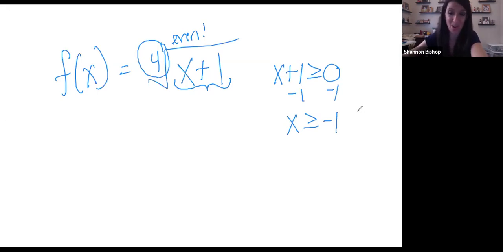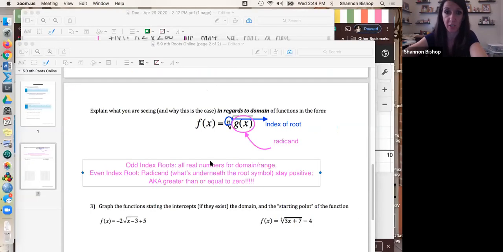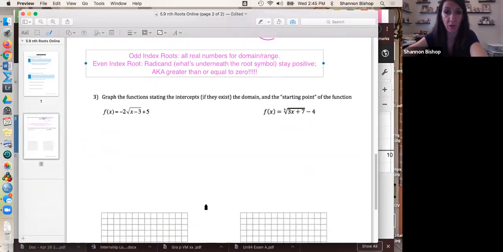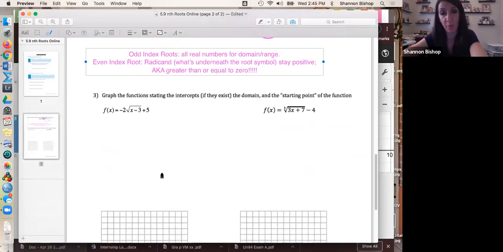Okay, so now that you have the bulk of how you're going to know where to even begin with domain and range and all that fun stuff, let's go look at those two functions on your activity sheet. When you're graphing these, there's going to be a couple of key points and key characteristics that you have to know.